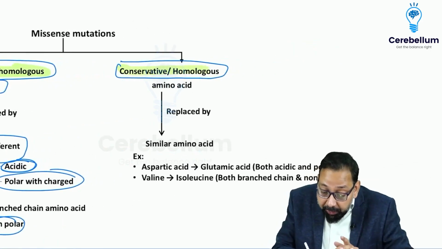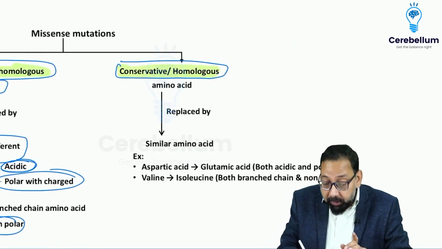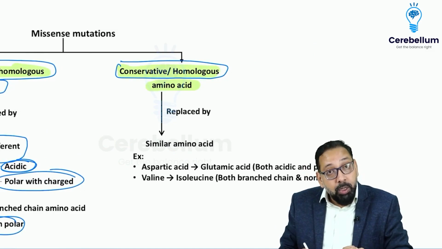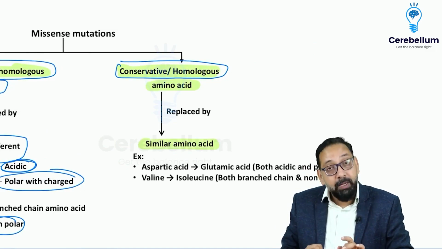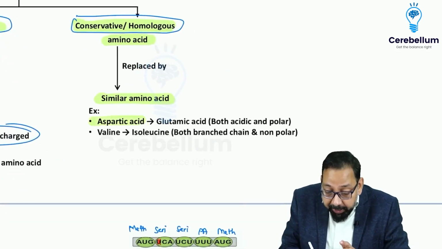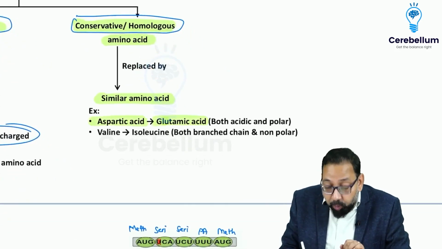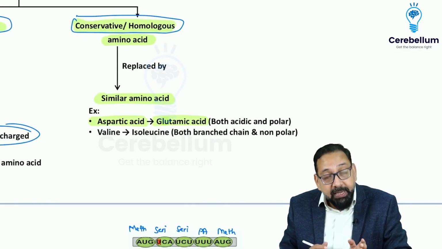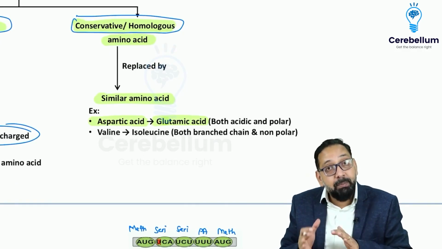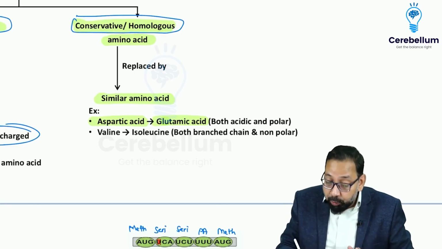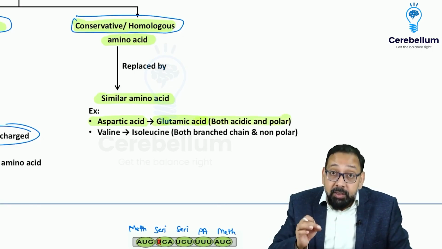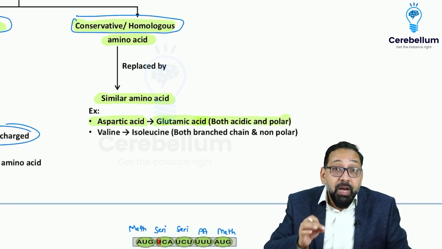Now, conservative or homologous mutation means an amino acid is replaced by a similar amino acid, just like aspartic acid is replaced by glutamic acid. Both are acidic amino acids having negative charge. So if they are changed, there are chances that protein function would not be affected much.